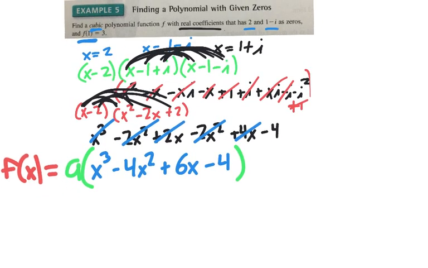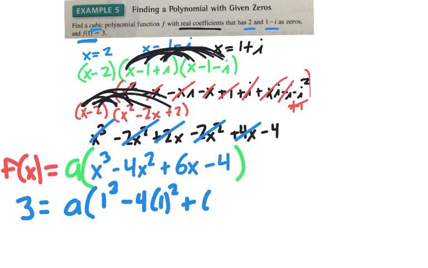So I know what x and y need to be, so I plug those in, and my only unknown will be a. So that means f of x, which is just the y value, so I'm going to set that equal to 3, is equal to a times, now I'm looking for when the x value is 1, so I'm plugging in 1 here. 1 cubed minus 4 times 1 squared plus 6 times 1 minus 4.